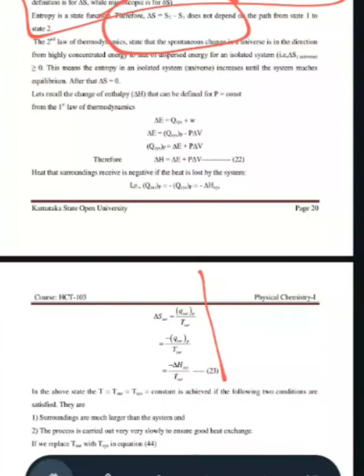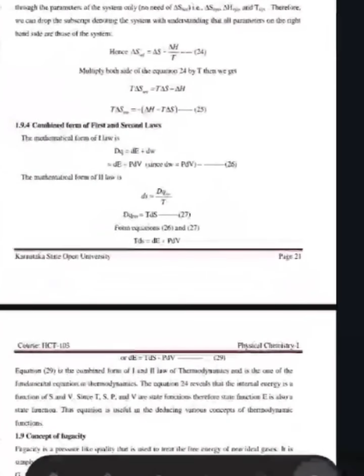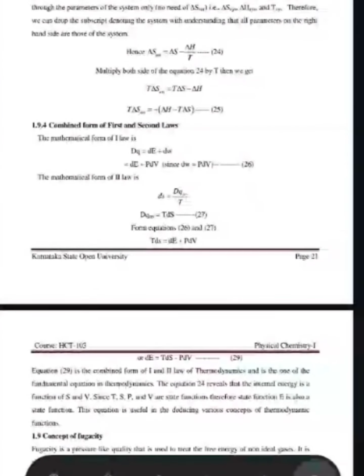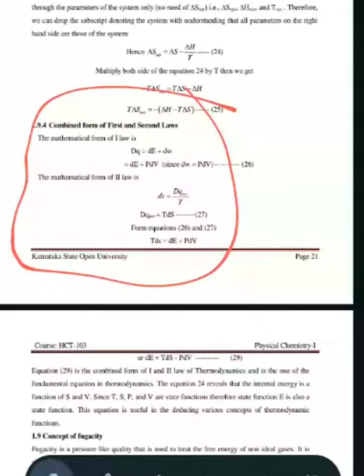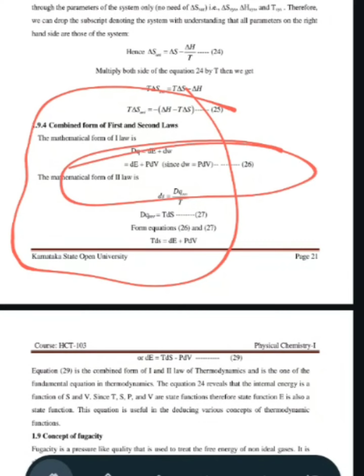So next important term, here one more derivation, derived from the combination of first law and second law. In the first law, delta Q is equal to delta E plus delta W, where delta Q is the amount of heat absorbed by the system, is equal to delta E plus P dV. That is equation 26.